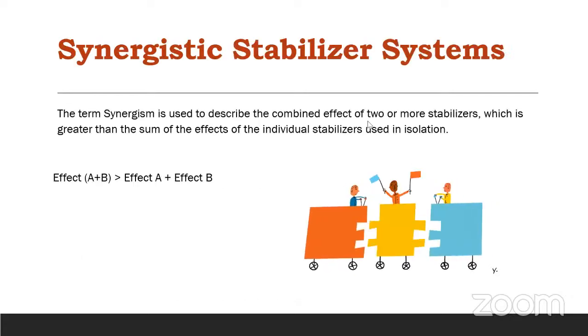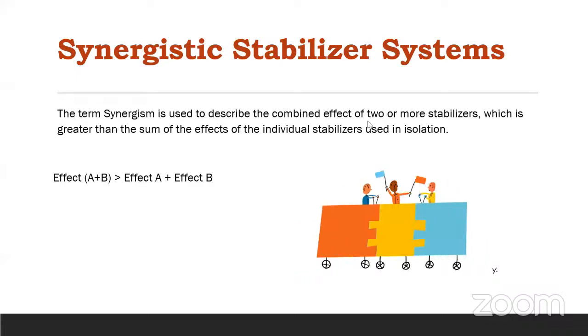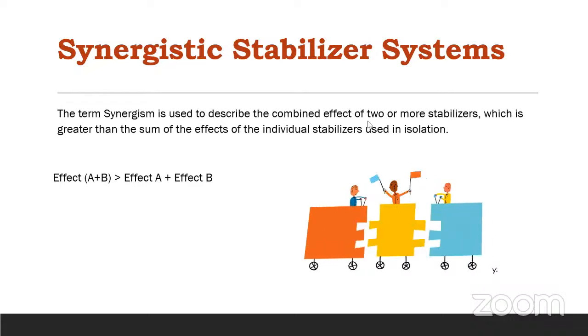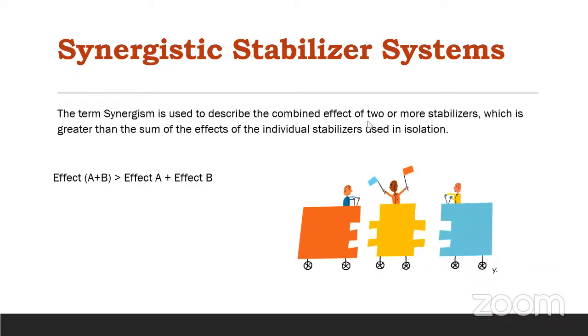So a synergistic stabilizer system is one where you combine two or more stabilizers, and the effect is greater than the sum of the effects of the individual stabilizers.